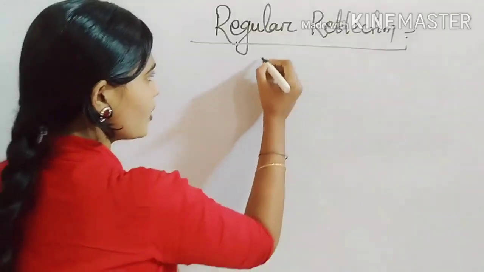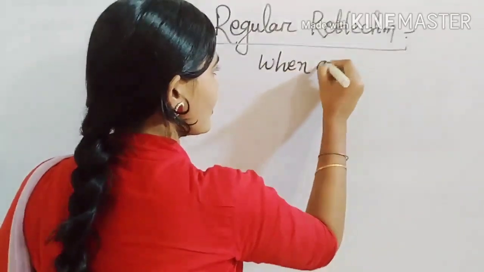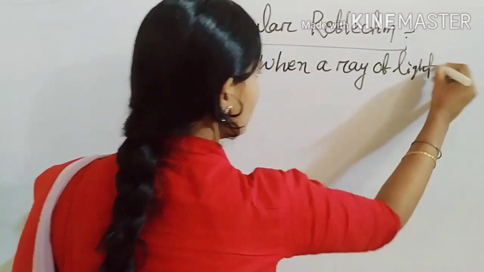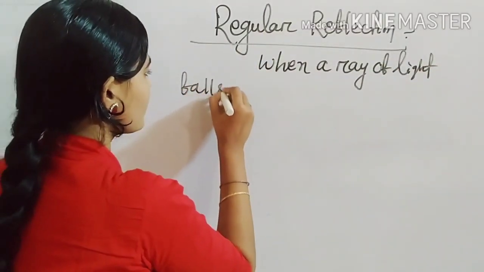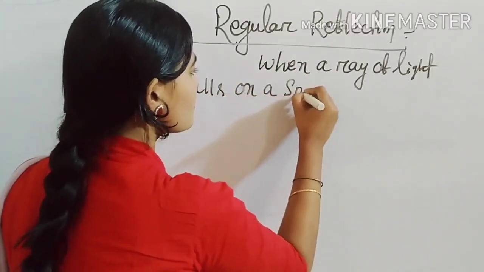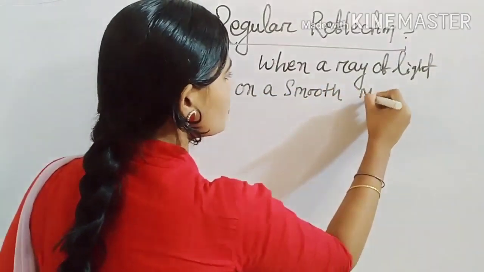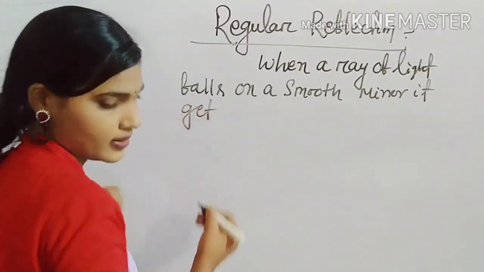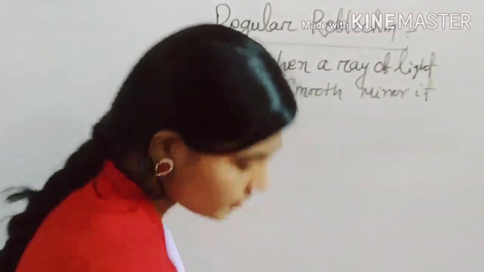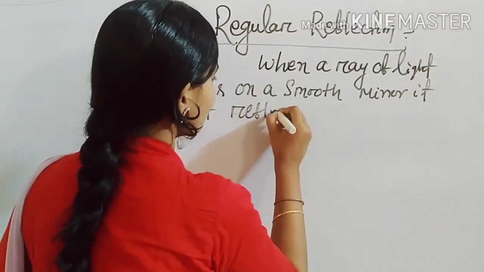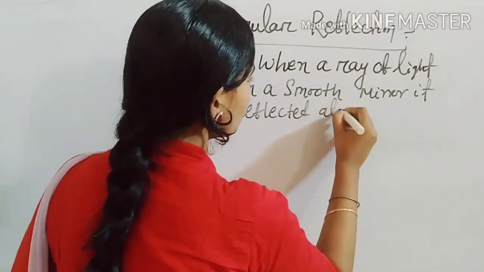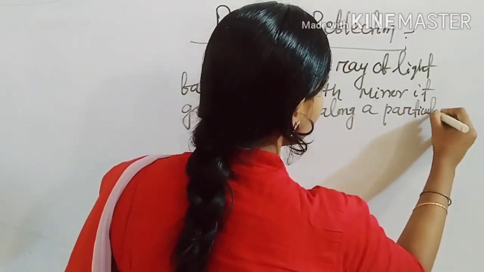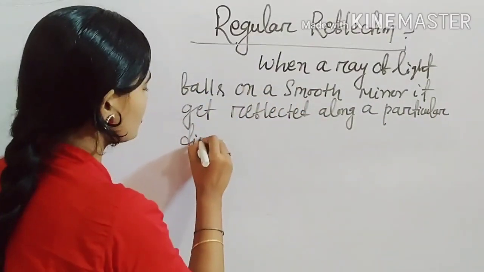So what is regular reflection? When a ray of light falls on a smooth mirror, it gets reflected along a particular direction.